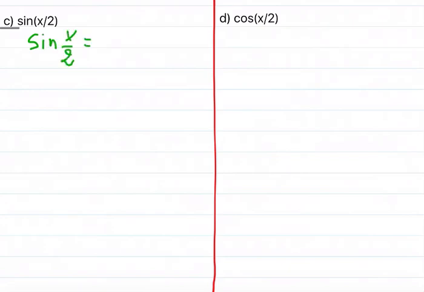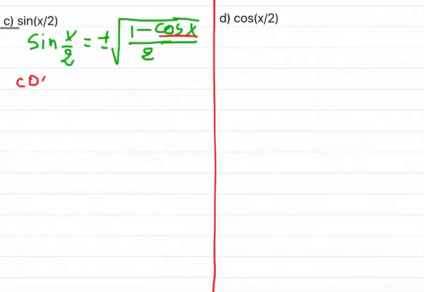This equals plus or minus the square root of a fraction, 1 minus cosine x, over 2. This is your identity to memorize. Now to calculate this, we need the value of cosine.